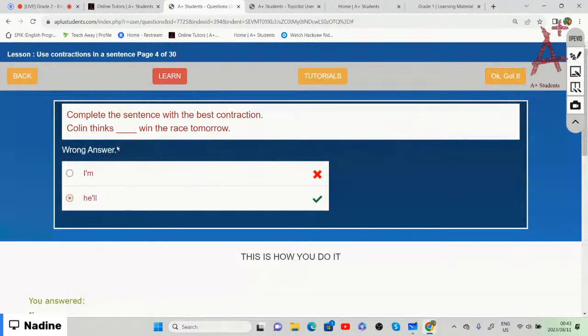Oh, Colin thinks, sorry. Colin thinks he'll win the race tomorrow. So not I'm, so he'll, sorry. Because Colin is a boy. Sorry, I misread it. So Colin thinks he'll win the race tomorrow, which means that he will.